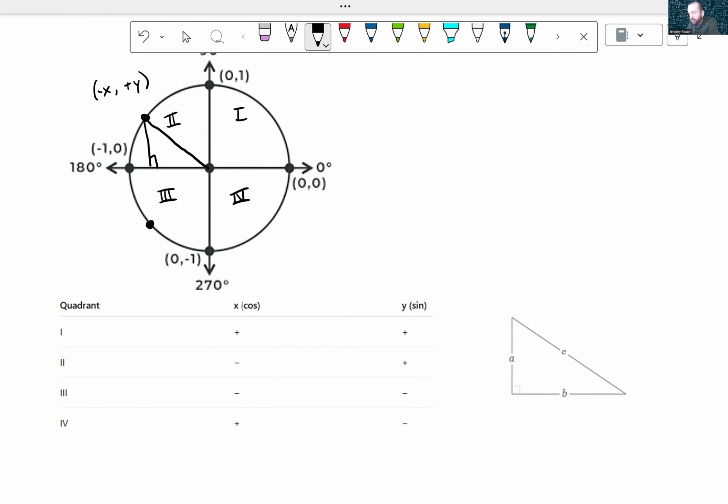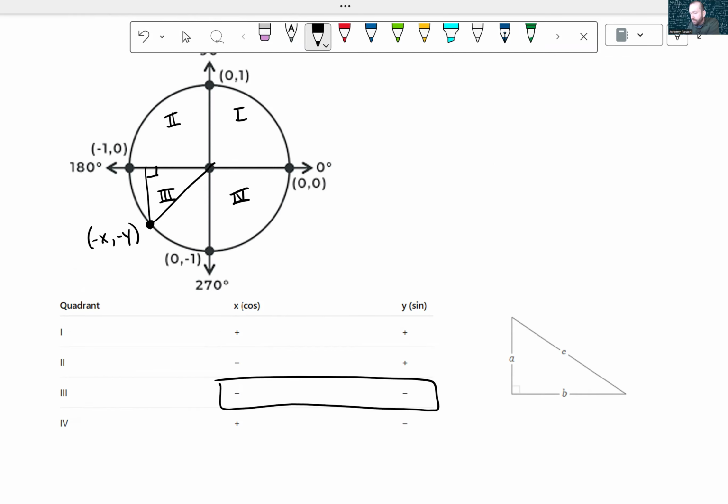And that's what this table shows us. You might want to take a screenshot of this table to help you with the problems that we're going to work on. If we have quadrant 3, if we had something here, our x coordinate's negative and our y coordinate's negative. And that's what those two negatives tell us for quadrant 3.